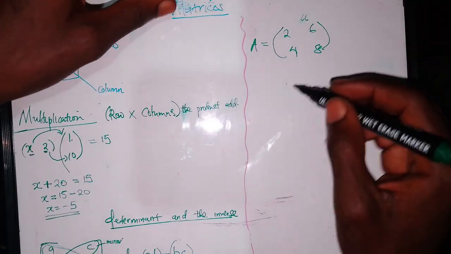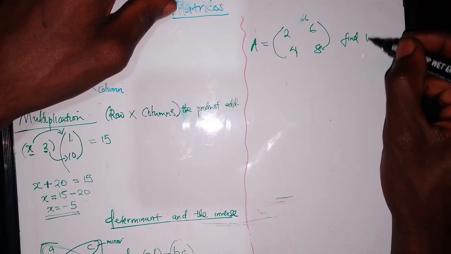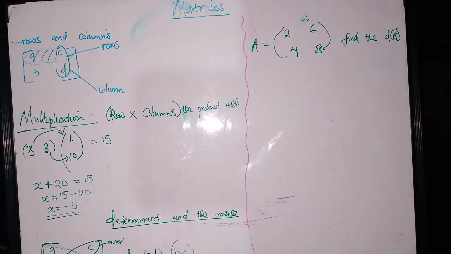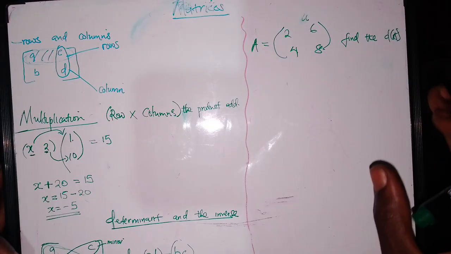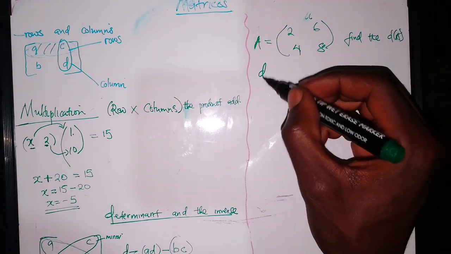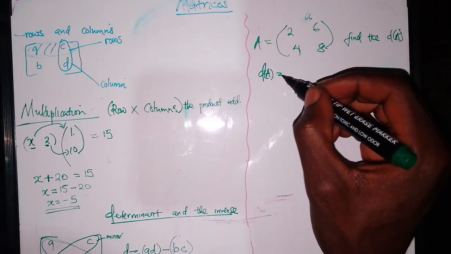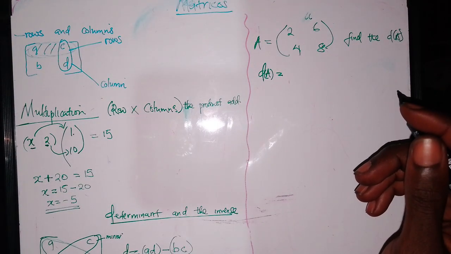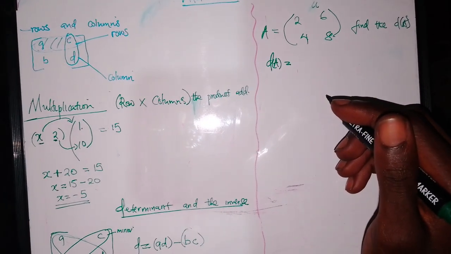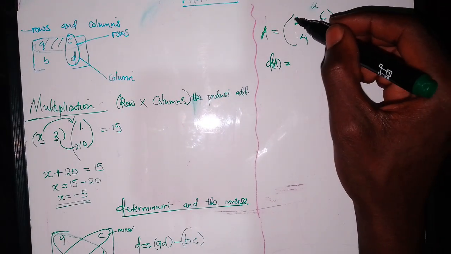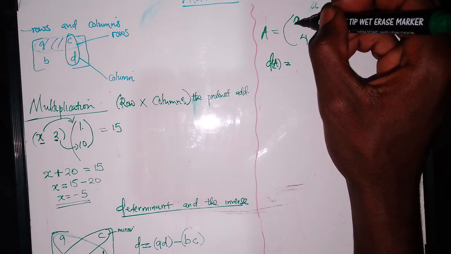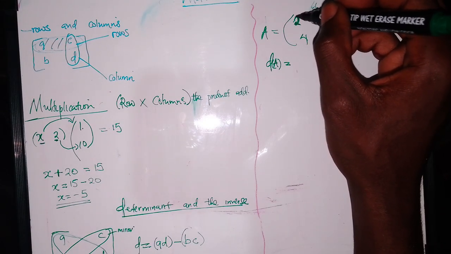We are told to find the determinant of matrix A. You multiply the major diagonal, which is the first number.